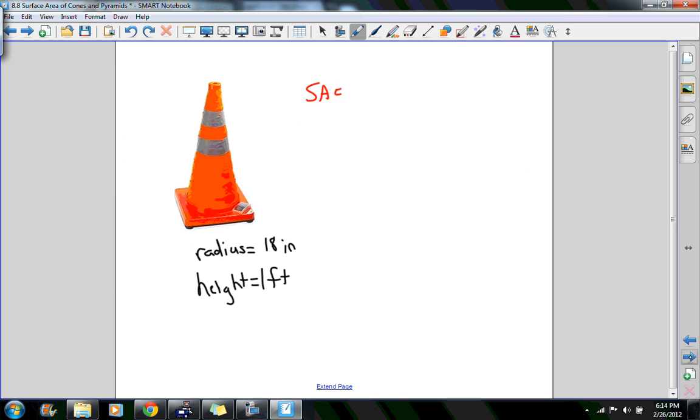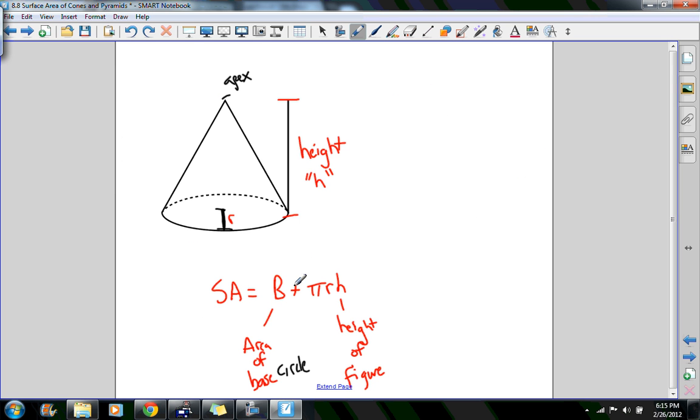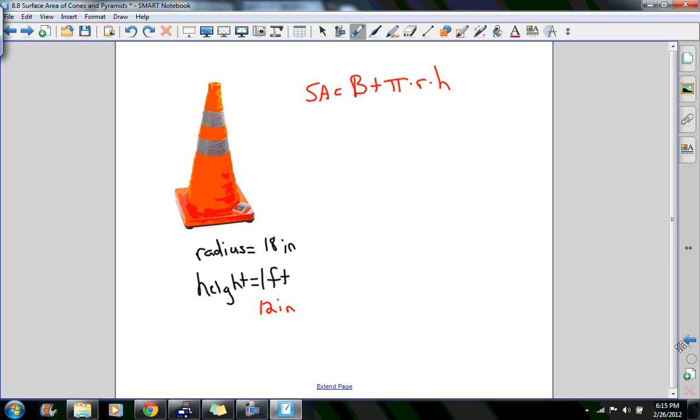Okay, so we're going to move on to this cone. We need to find the surface area for it. Once again, remember that we want everything to be in inches, so this is going to be changed to 12 inches. And the formula is the area of the base plus, I think it's pi times r times L. Or I guess we called it H for this one. Let me just make sure I have that right. Yep. Remembering, once again, we're not trying to memorize the formulas, just to use them correctly.